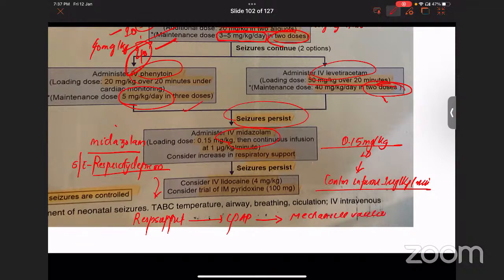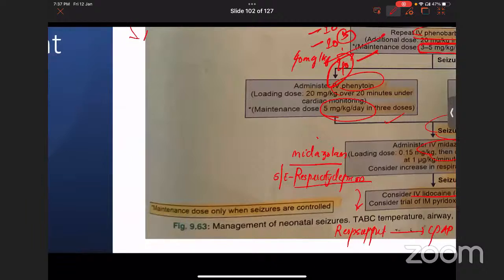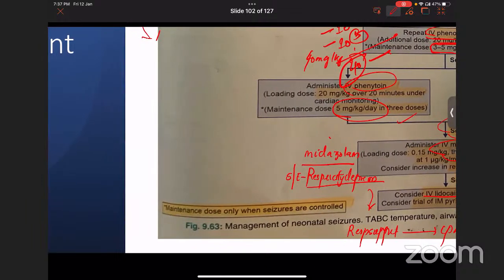Even after that, if the seizure persists, go with IV lidocaine. Sometimes there is a refractory seizure not amenable to any of the drugs which I have given. If the refractory seizure is not amenable to any AED as shown in the chart, then you have to suspect some kind of IEM.